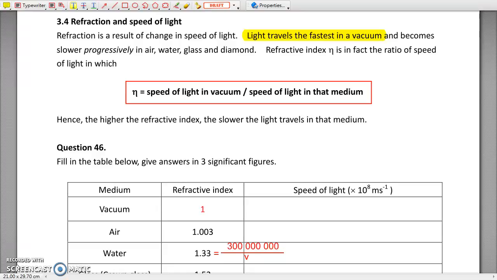That is 3 times 10 to the power 8 divided by the speed of light in water equals the refractive index of water, 1.33. In that case, the speed of light in water is found to be 2.28 times 10 to the power 8 meter per second.